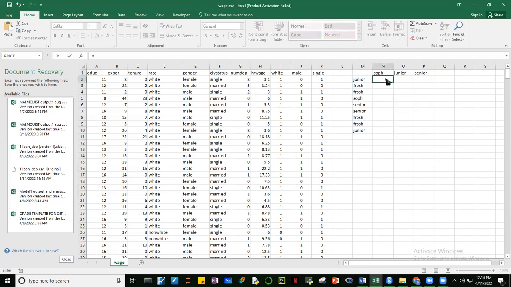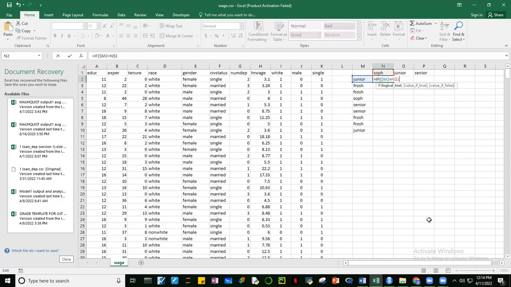So, plot lang natin, guys. Is equal to if this is equal to this. Tapos ito pala, this should be fixed. If M2, kailangan i-fix natin to. Fix natin yung M to M para hindi siya aalis dito sa column M. Is equal to N1 and then fix natin si 01.